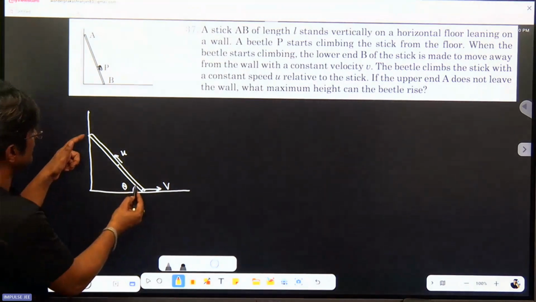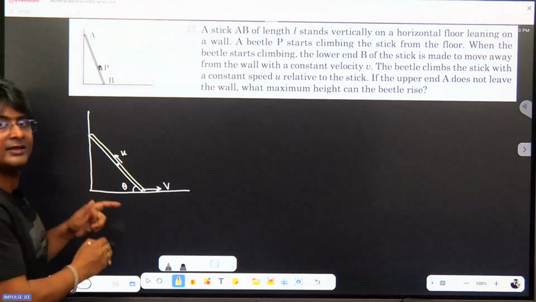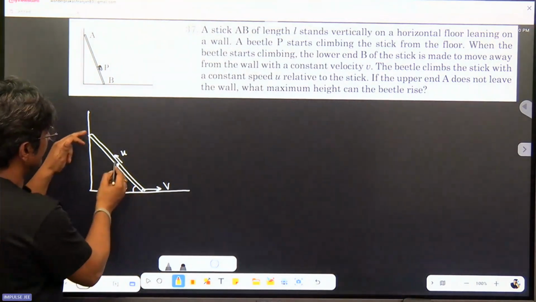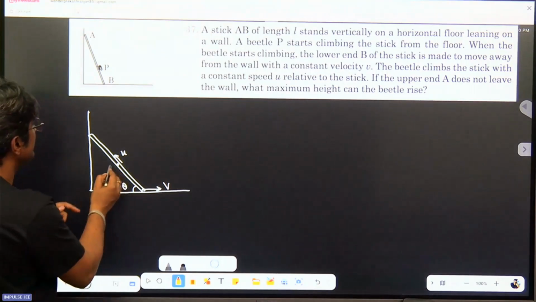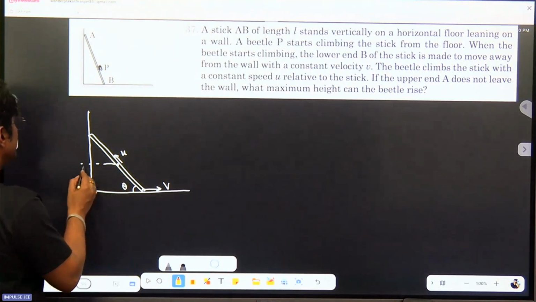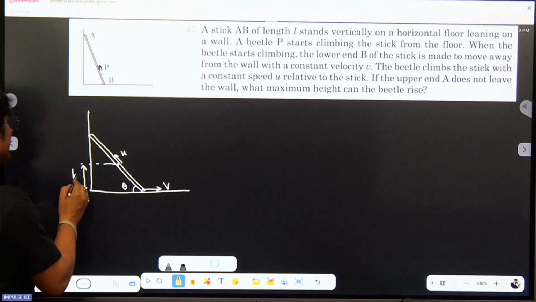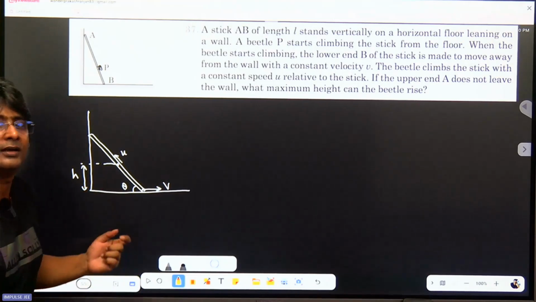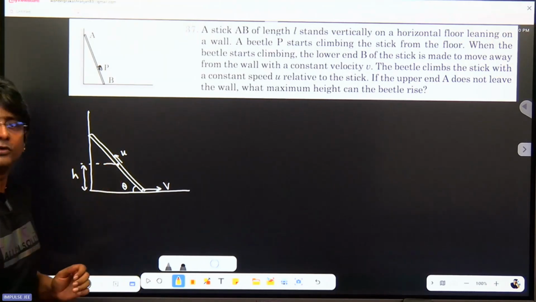It might be possible that after reaching a certain distance, this height from the vertical starts to reduce. Say if this is h, how can we decide where it is going to happen?